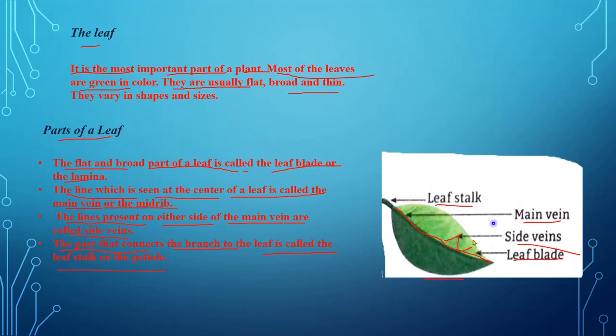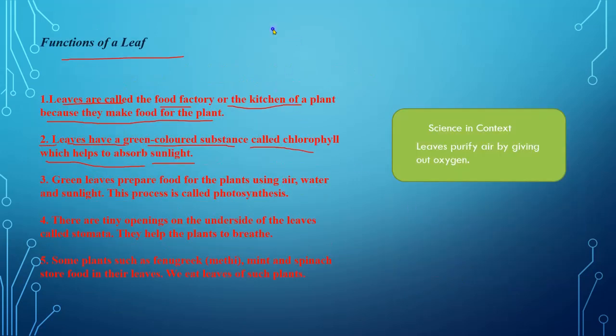Why is it green? Because in that substance there is chlorophyll. Sunlight will also help the plant to make food, so chlorophyll helps absorb the sunlight.